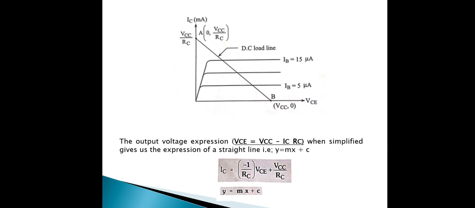For any point on the output characteristics, if you know the current, you can easily calculate the voltage, or if you know the voltage, you can calculate the current, simply by drawing the DC load line. So that is why DC load line is considered a very important analysis when we talk about transistors.